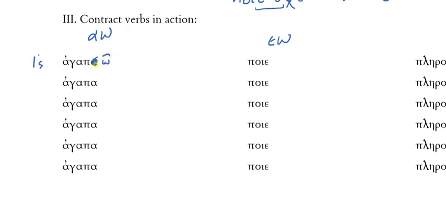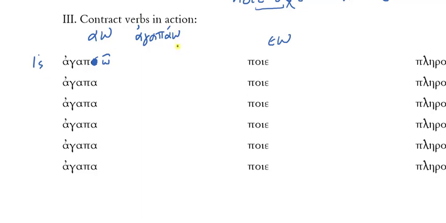Now, what is the lexical form of this verb? It's not. Good guess, but this is why I'm asking the question. It's agapao, okay? Here's the deal with contract verbs. The lexical form is always, with normal verbs, the first person singular present active indicative. But with contract verbs, it's going to be the stem with its contract vowel visible followed by the omega.